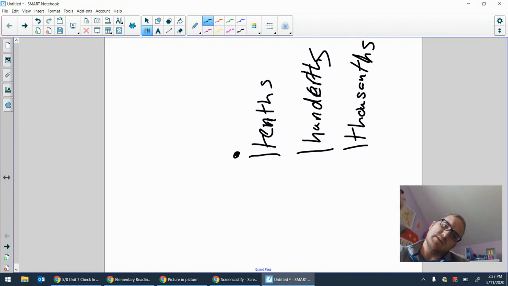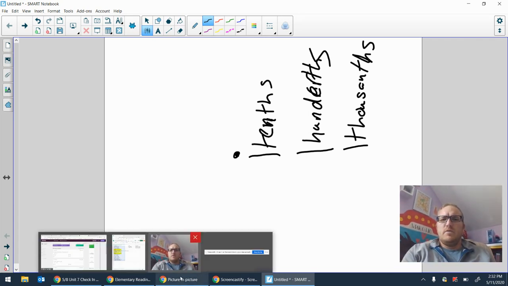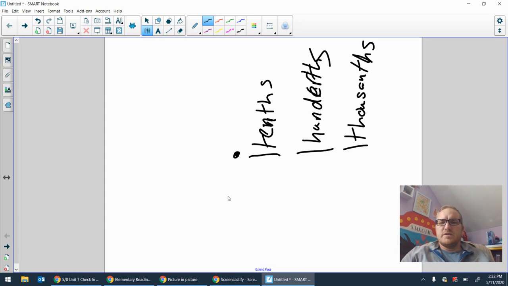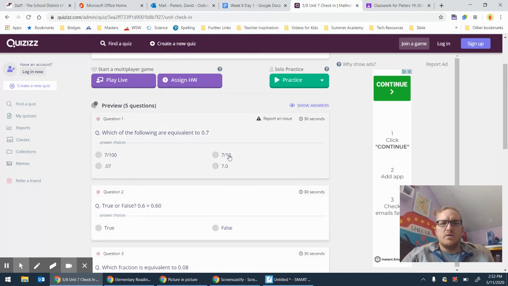Sorry, right sideways. So we have tenths, hundredths, and thousandths there. So whenever we finish our decimal here, whatever spot it's lined up with, that's the spot that we would say. So we had our decimal and then a 7 there. So it's in the tenths spot. So on your first quiz question here, it would be 7/10.